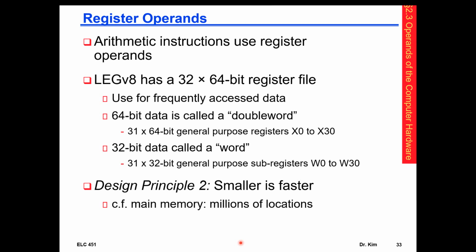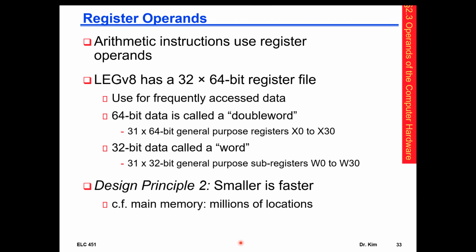The data path width is 64 bits in the ARM. So the ARM register file has 32 registers, which are 64 bits each. And when the ALU operates on the registers, because that's what it operates on, the ALU has to be 64 bits wide.